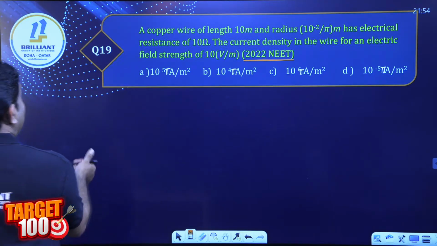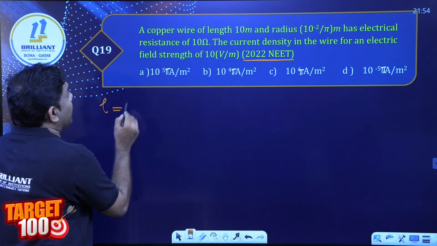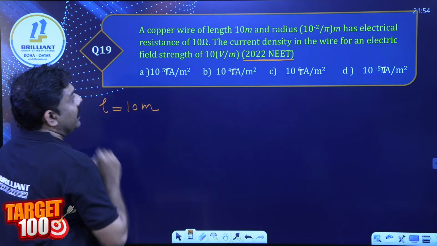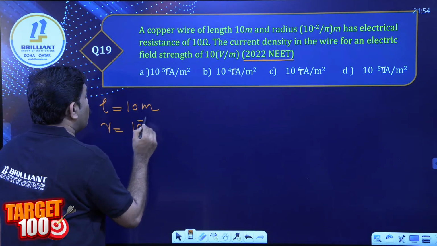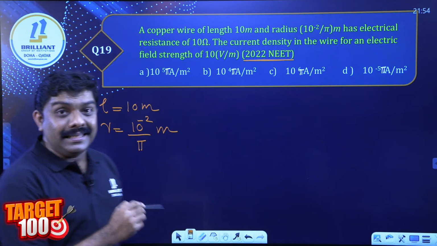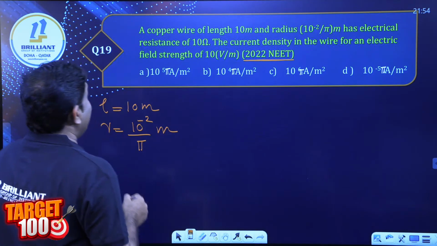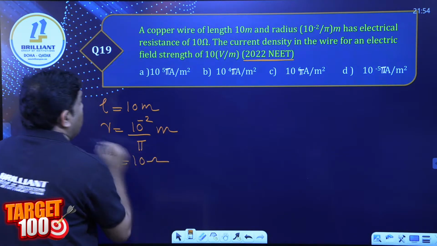So what are the data given that I'm writing now? Its length is given, 10 meter. Its radius is given, 10 raised to minus 2 by pi meter. And its resistance is given, capital R, that is 10 ohm.